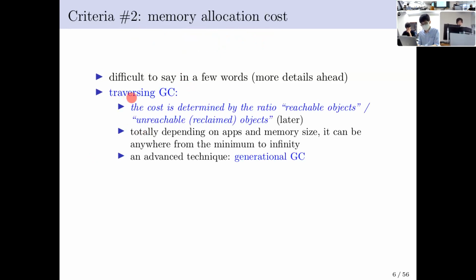In the case of traversing garbage collection, the cost will be determined by the ratio between the amount of reachable objects and the amount of unreachable objects. I'm going to get into this shortly.